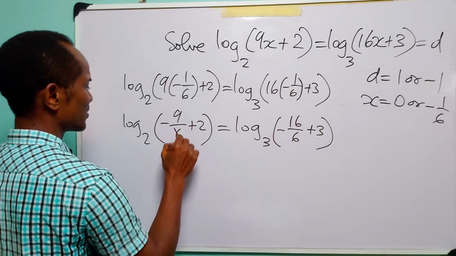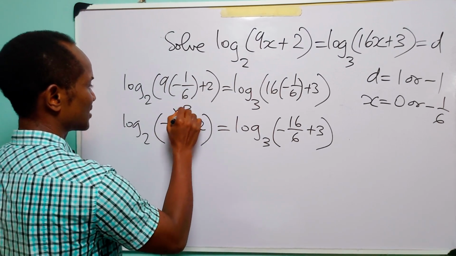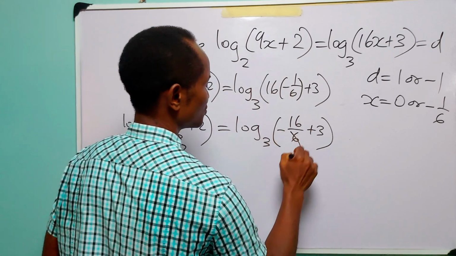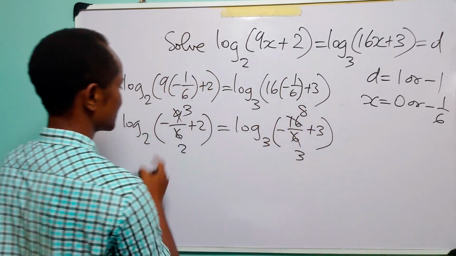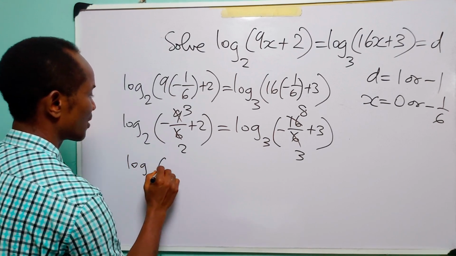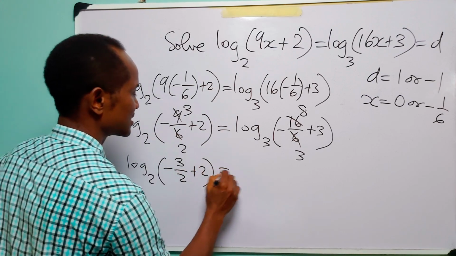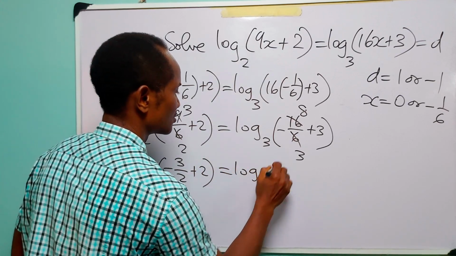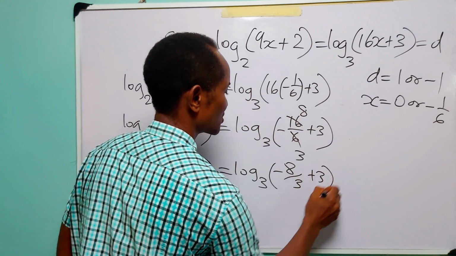Now reducing this to lowest terms, we have 3 into 6 is 2, and 3 into 9 is 3. 2 into 6 is 3, and 2 into 16 is 8. So here we have log to base 2 of minus 3 over 2 plus 2 is equal to log to base 3 of minus 8 over 3 plus 3.